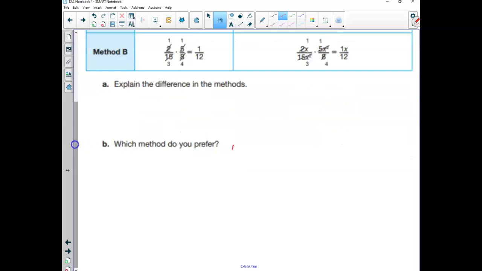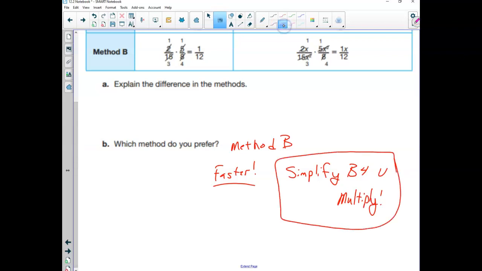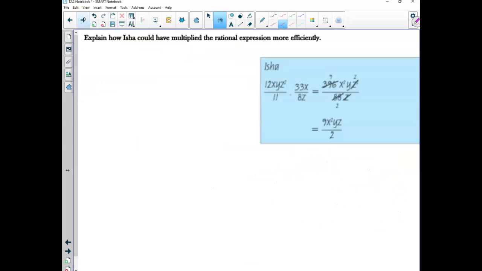I prefer method B. Why? It's easier, it's faster. Simplify before you multiply. That's what I like to do. Makes life easier.